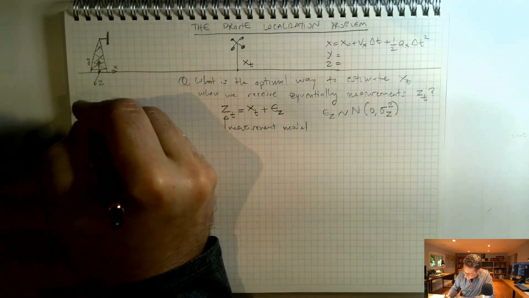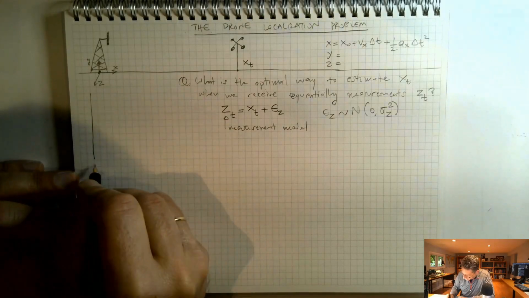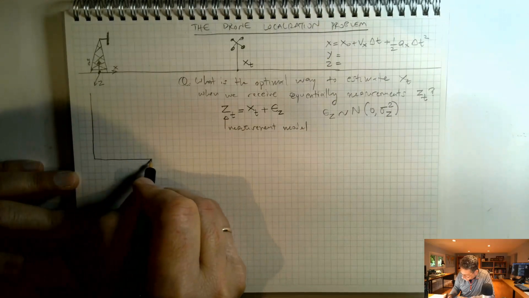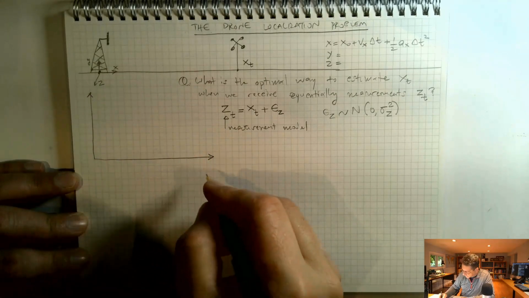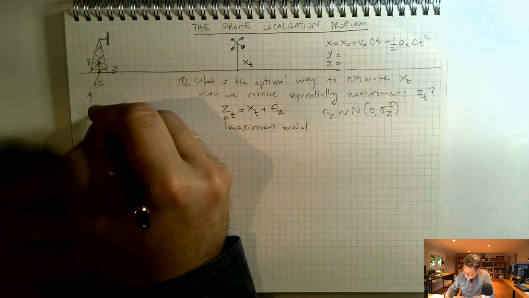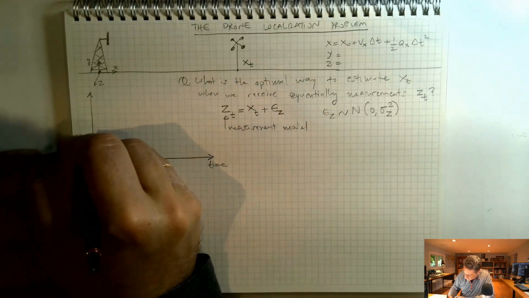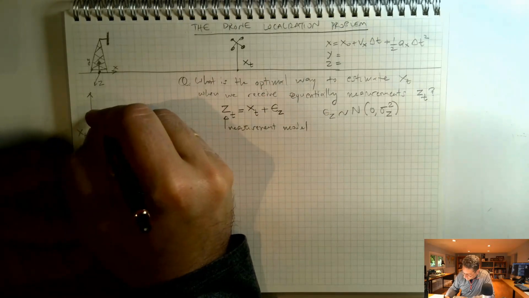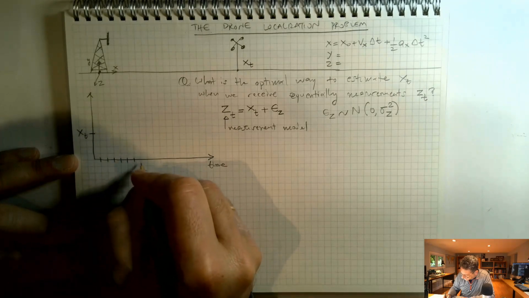Let me represent what is going to happen in terms of the estimator we want to develop. Over time, although the true location of the drone is around xt, we may be starting somewhere else. Every square here represents delta t.